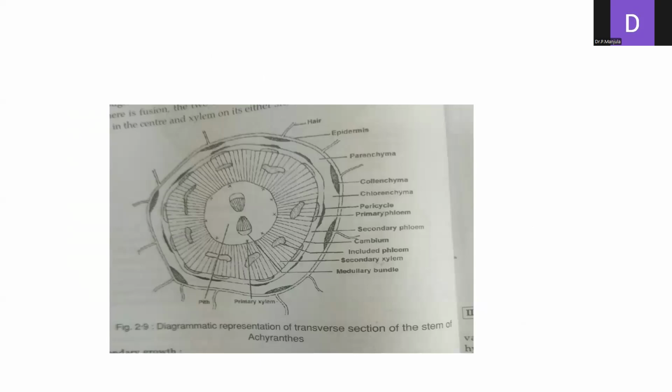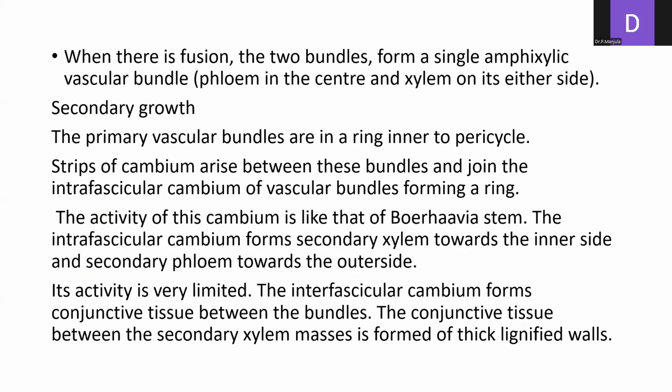In Boerhavia, three concentric rings of vascular bundles are present, and the outer ring is involved in the secondary growth. It is also producing only at the vascular bundles region the secondary xylem and secondary phloem, and in the remaining region it produces conjunctive tissue.